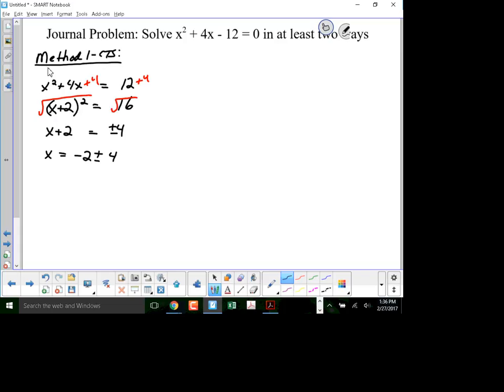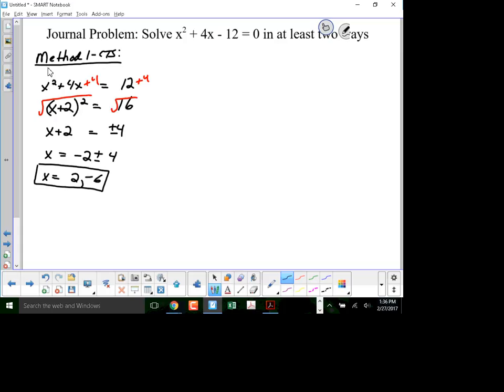You can think of it two ways. You can think of it as 4 minus 2 and negative 4 minus 2, or you can think about it as x is equal to negative 2 plus 4, which is positive 2, negative 2 minus 4, which is negative 6. In either case, 2 and negative 6 are your answers. That was completing the square.